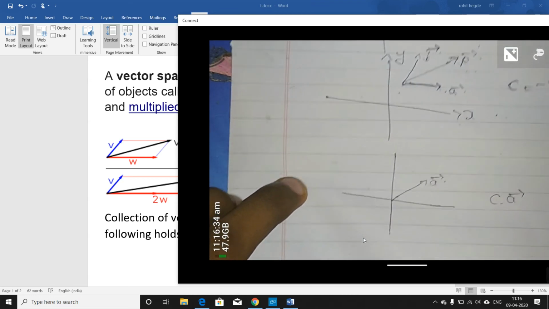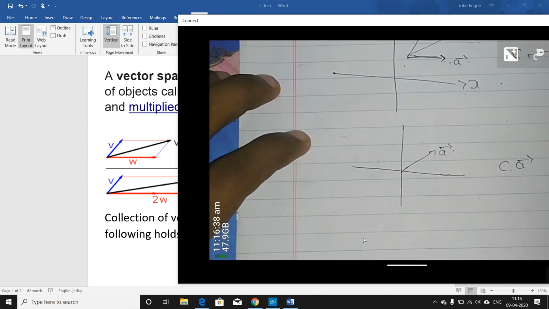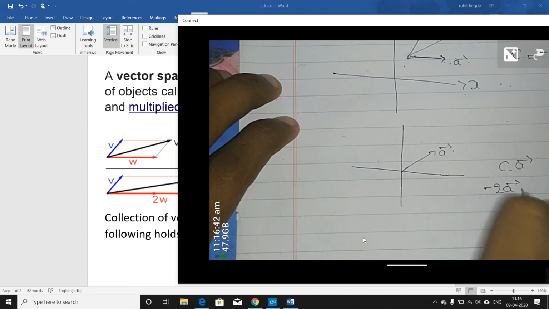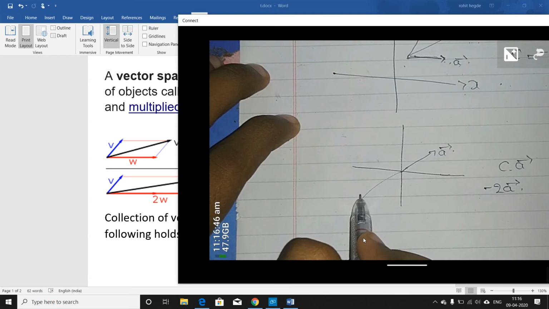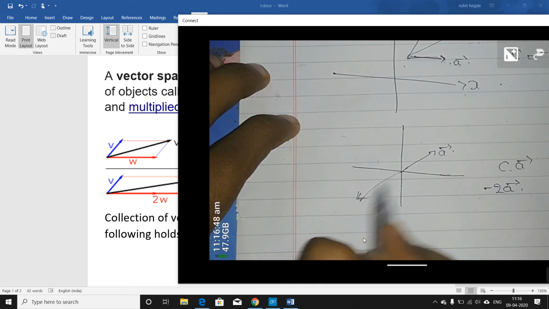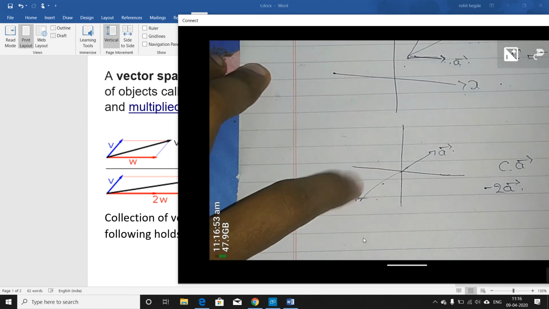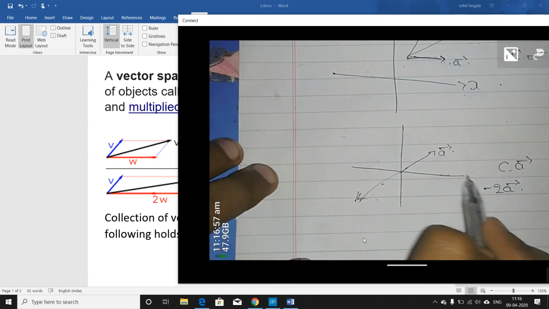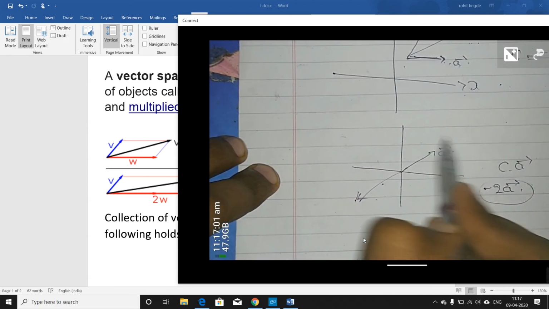With c equal to -2, -2 times a vector comes in this quadrant. It is negative, so the resultant vector is not in the first quadrant.